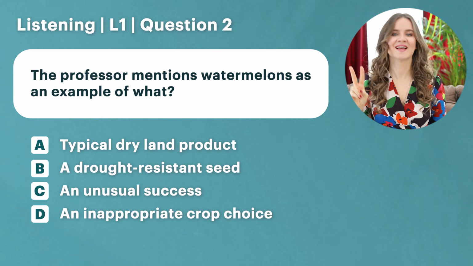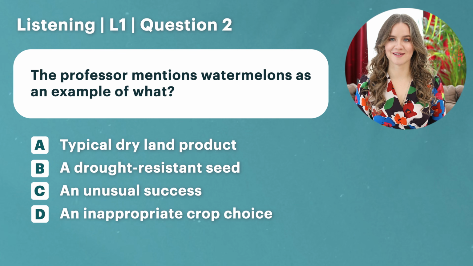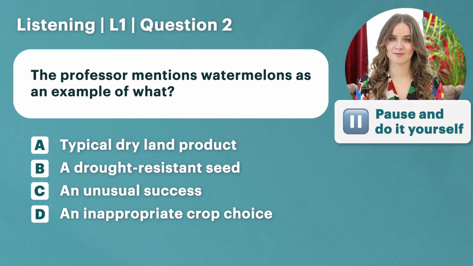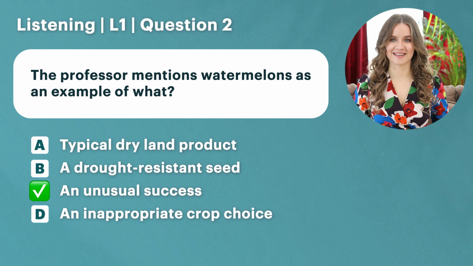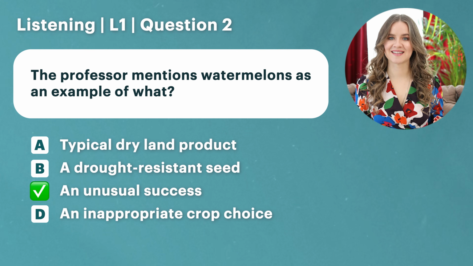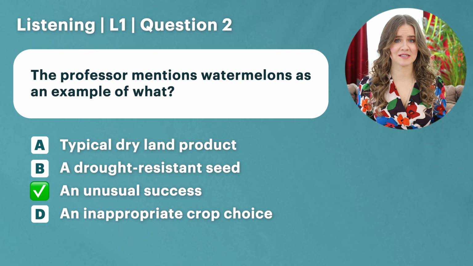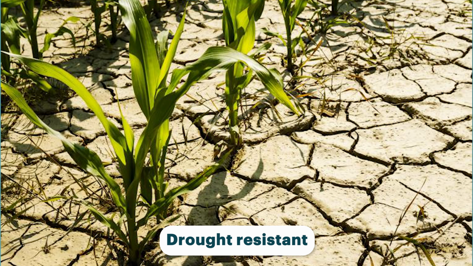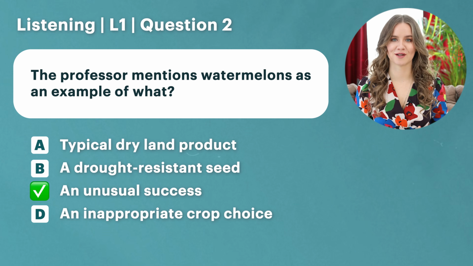Question 2. The professor mentions watermelons as an example of what? The correct answer is C, an unusual success. When the professor starts talking about choosing crops, he says that only special kinds of seeds should be chosen. They should be drought-resistant, heat-tolerant, and so on.